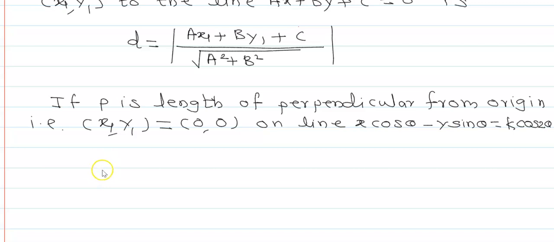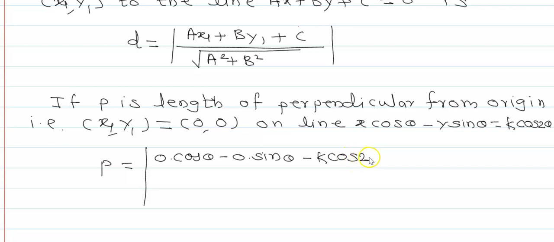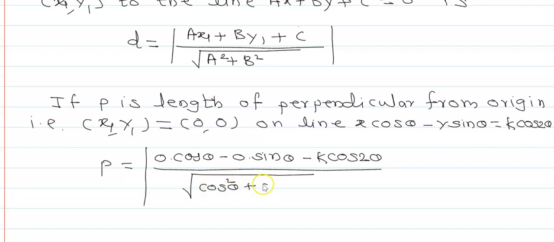Then what is the distance? This distance p is equal to, substitute the value of x as 0, that is 0 into cos theta, minus 0 into sin theta, minus k cos of 2 theta upon the square root of cos square theta plus sin square theta.